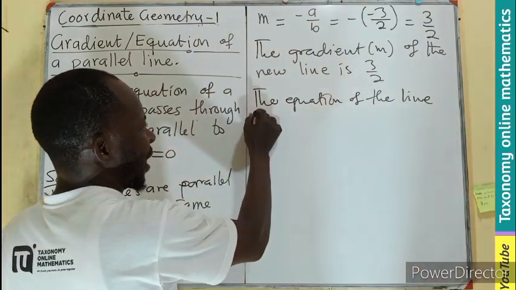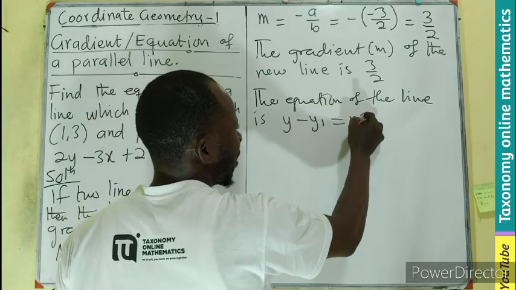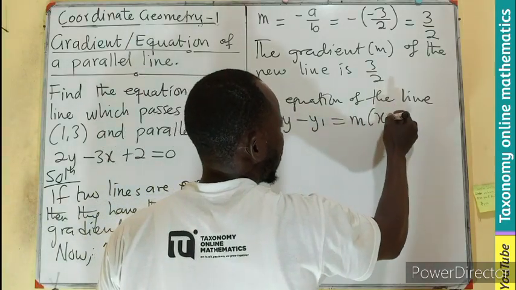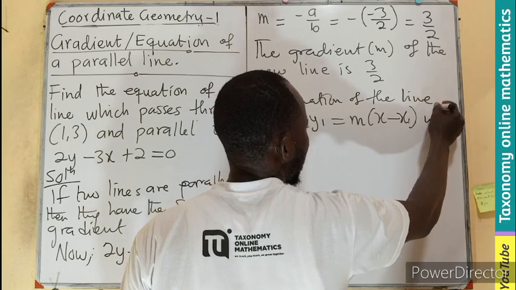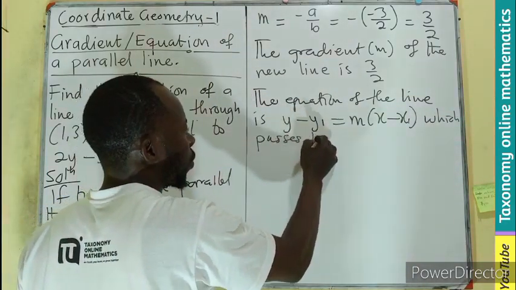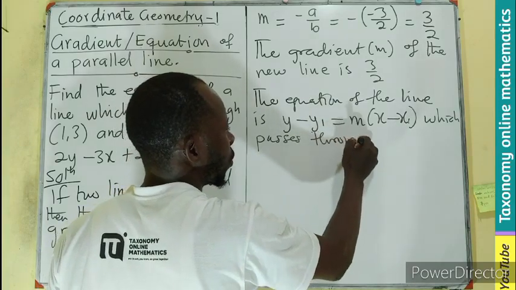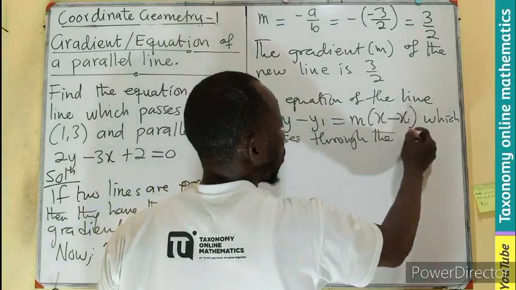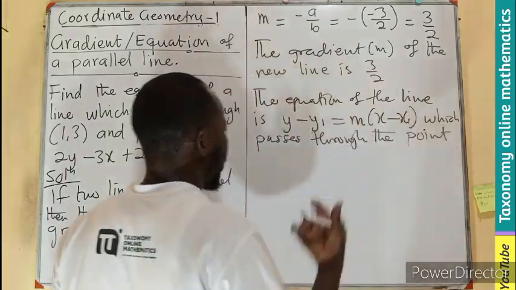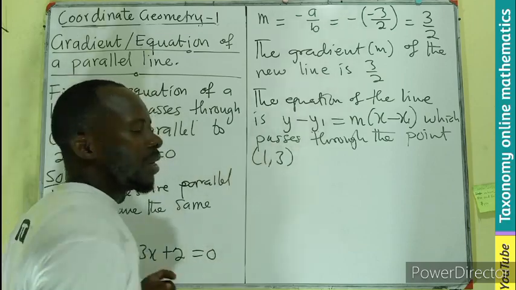the equation of the line is going to be given as y minus y1 equals m times (x minus x1), which passes through the point (1, 3).